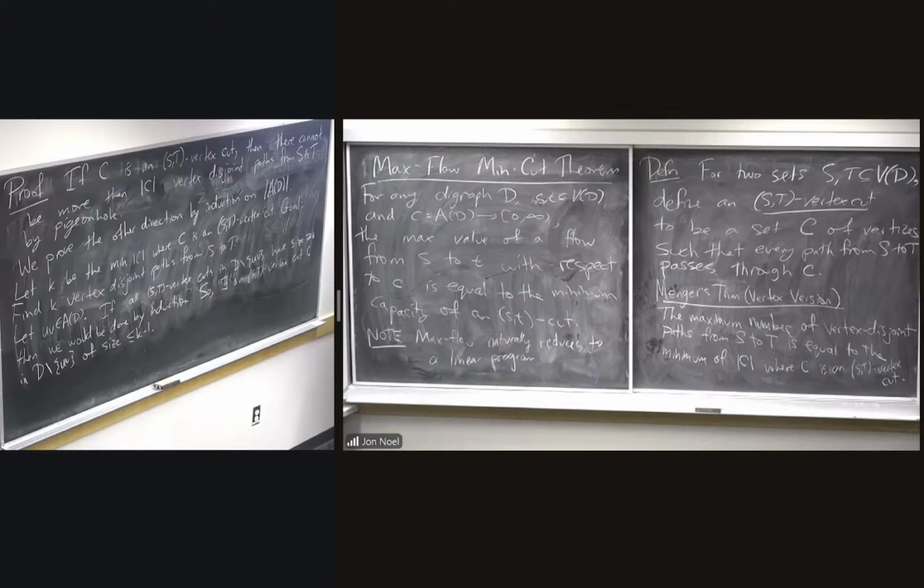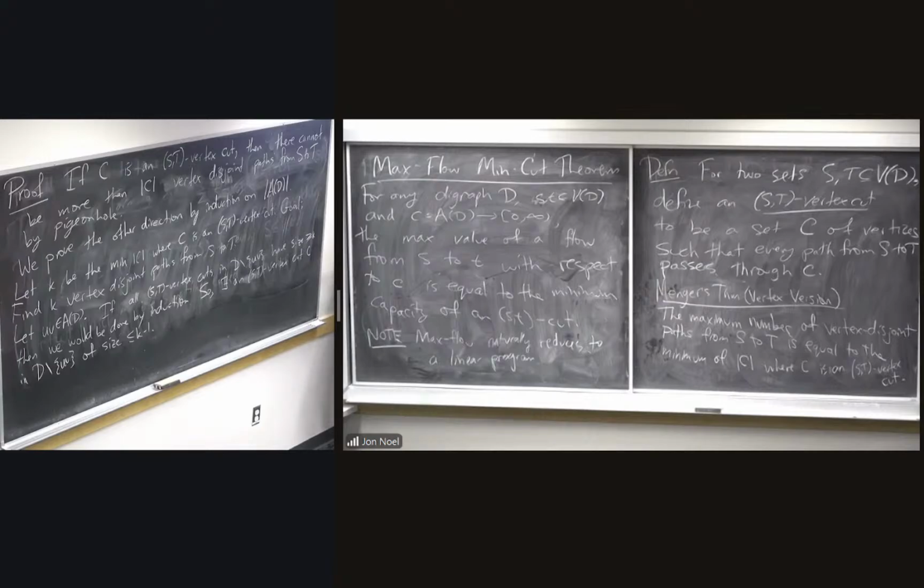Okay. So I claim that the size of C has to be exactly K minus 1. And the reason is because if I take C and I add in the vertex U, that would give me an ST vertex cut in the original graph.